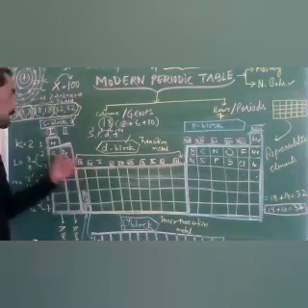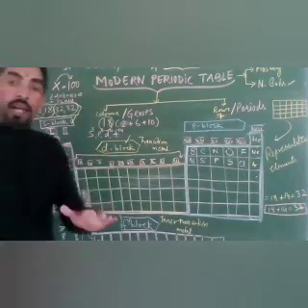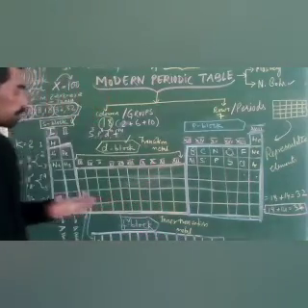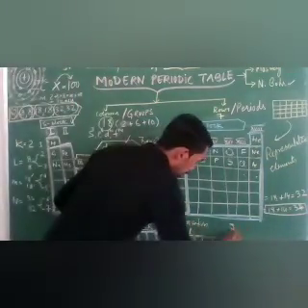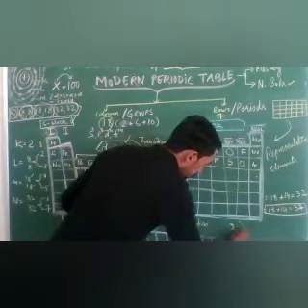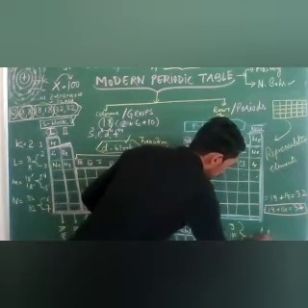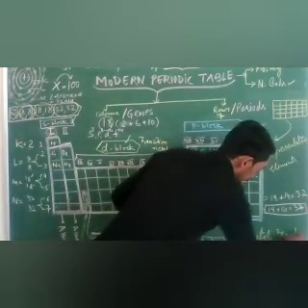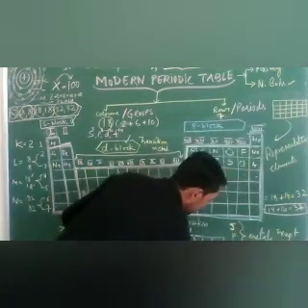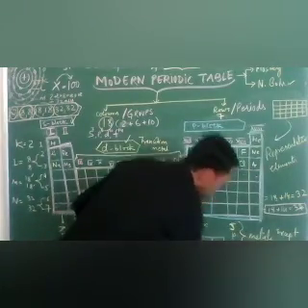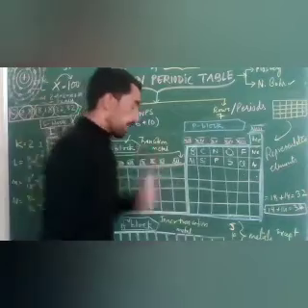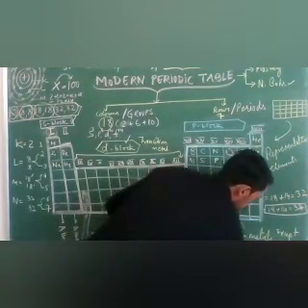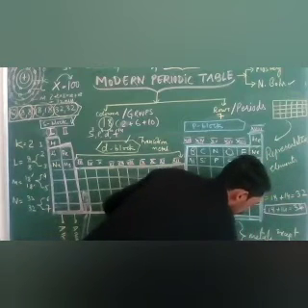All elements in S, D and F are metals except hydrogen. And in the P block, there are metals, non-metals, and metalloids also.